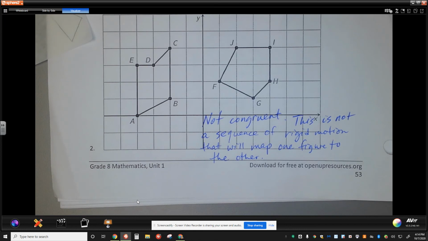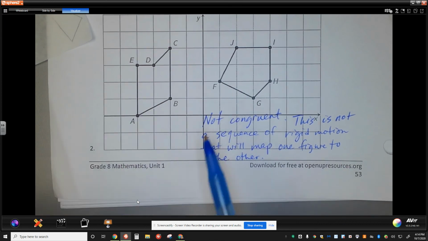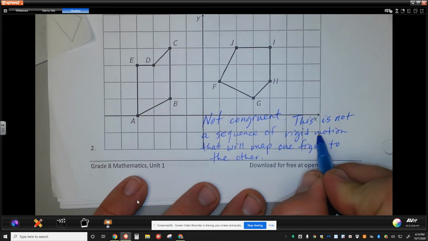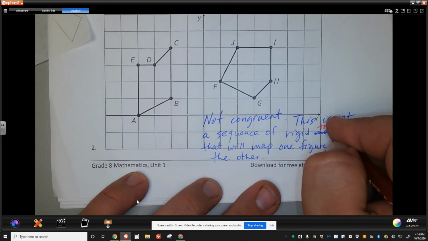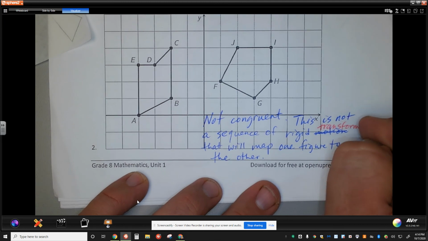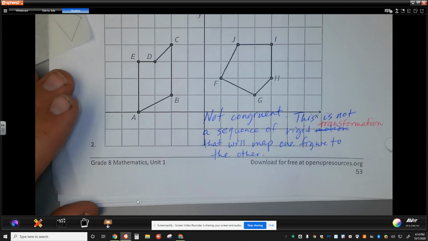So I can't even determine which sides are supposed to correspond with which sides. And since there's no correspondence with any angles or any side lengths, there is no rigid motion. I keep calling it rigid motion because that's what I've been used to in the past. Rigid transformation that would map one figure to the other.